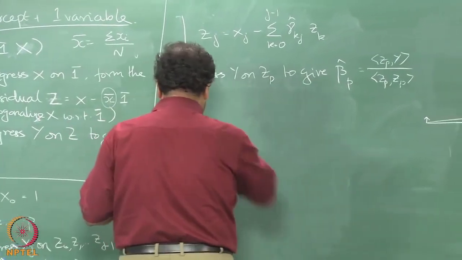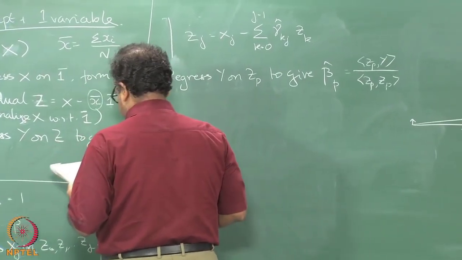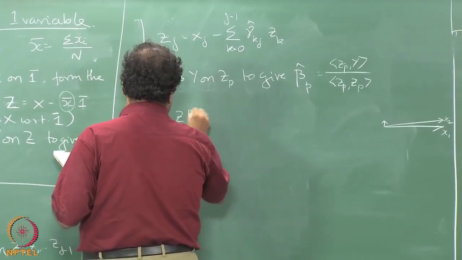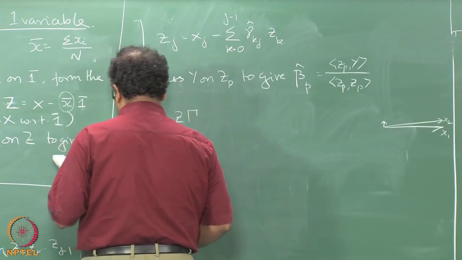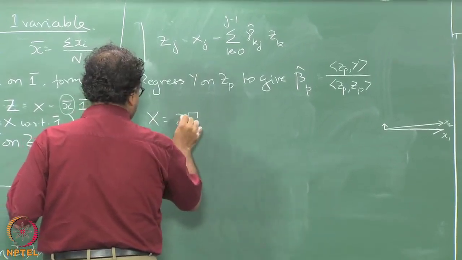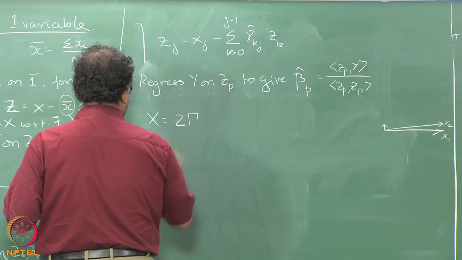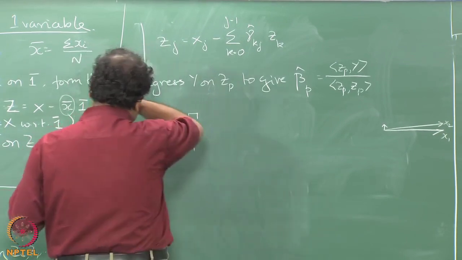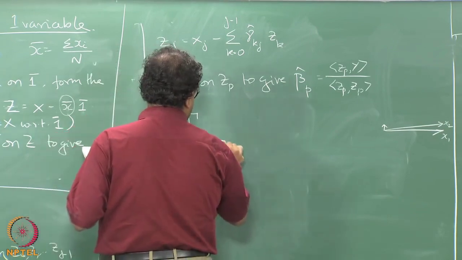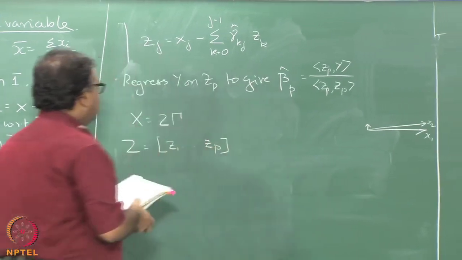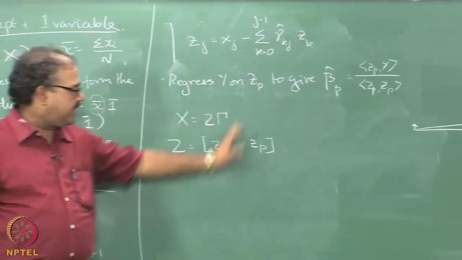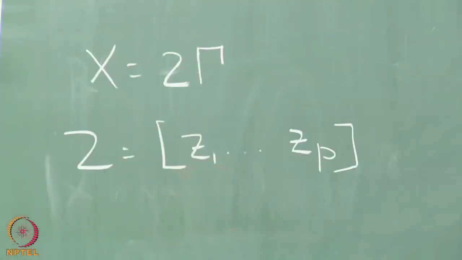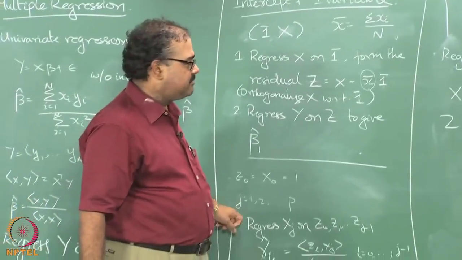So just an aside, let Z be the matrix that you create by taking Z1 to Zp as the columns. So I would have done this Z1 to Zp in this elimination process, in some order.